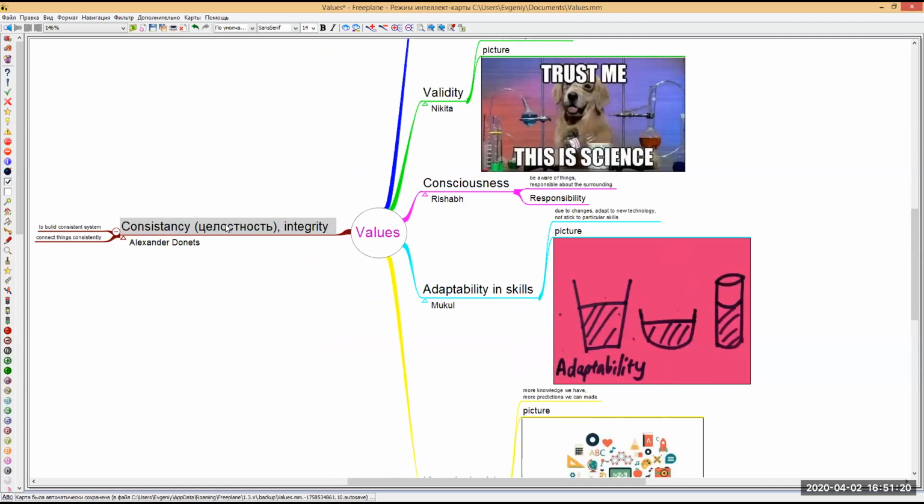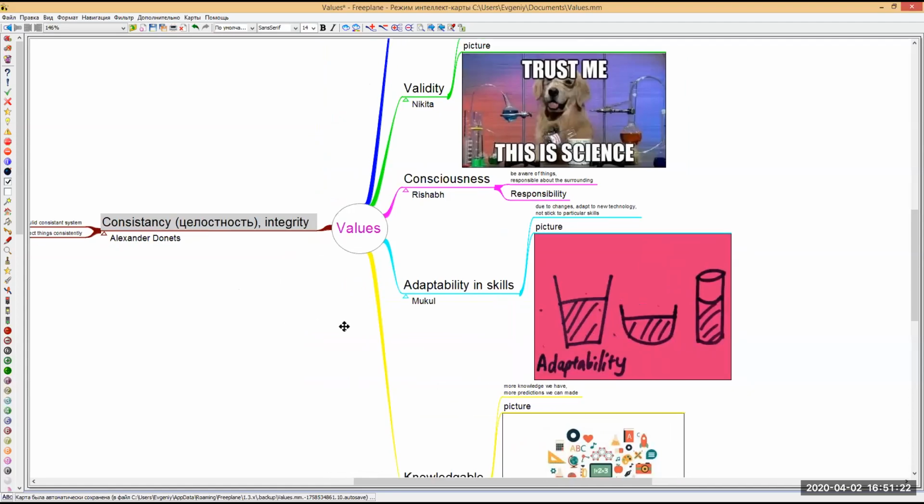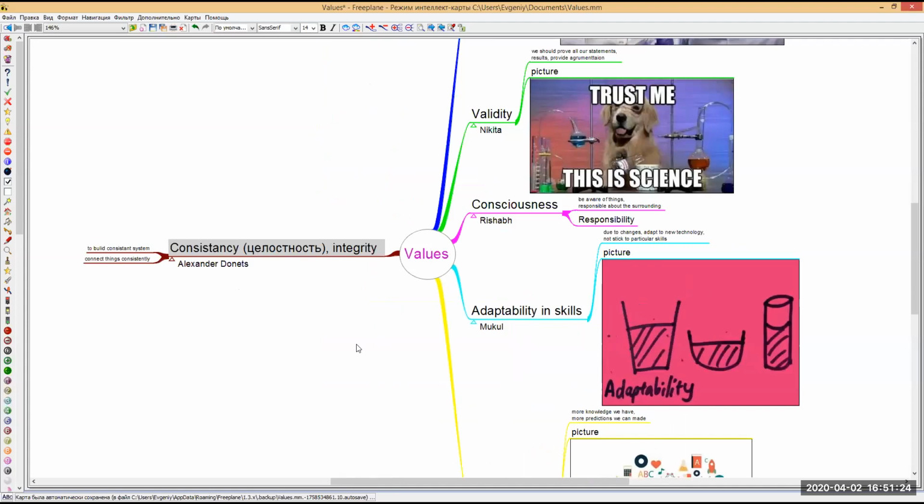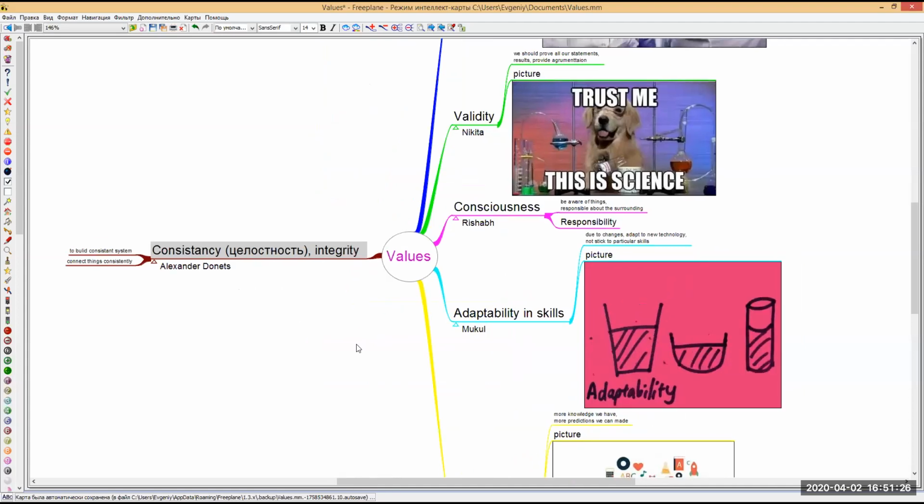Не, it's not about kindness. It is about correspondence of different ideas, how they connected, how do they work in the whole system.